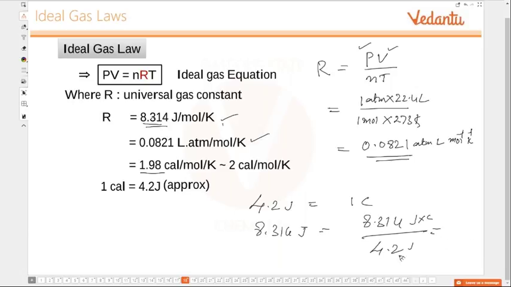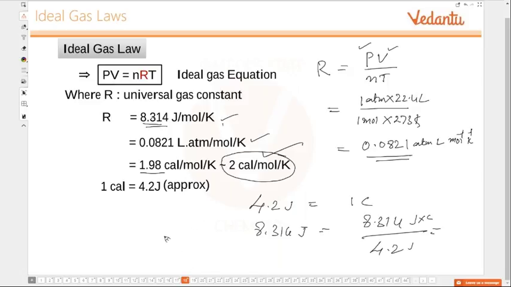Joules get cancelled. So it is slightly less, 1.97, close to 2. Correct? This value, sometimes we use this also.